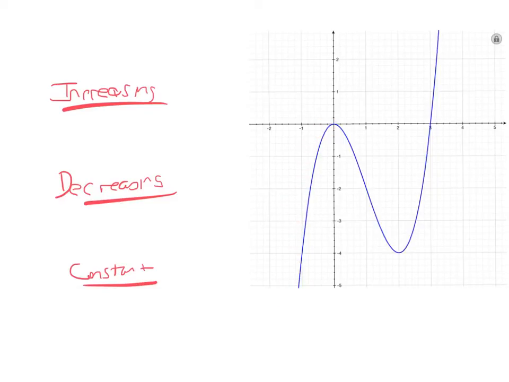We're increasing. Then when x equals 0, we start to decrease until x is equal to 2, so decreasing between 0 and 2. But then our function is increasing again from 2 until infinity. So increasing again from 2 to infinity, and once again, there is nowhere that our function is constant.